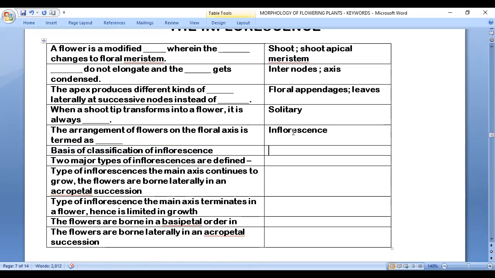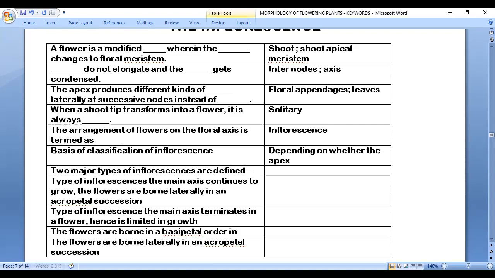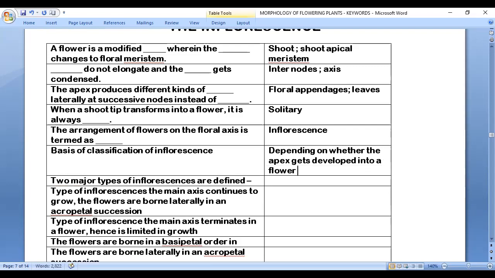Basis of classification of inflorescence: depending on whether the apex gets developed into a flower or continues to grow, two major types of inflorescences are defined, racemose and cymose.